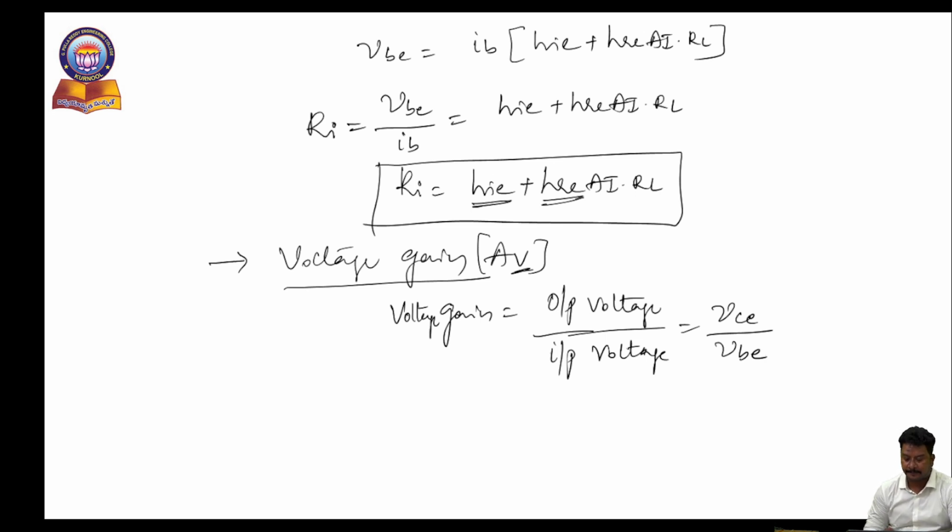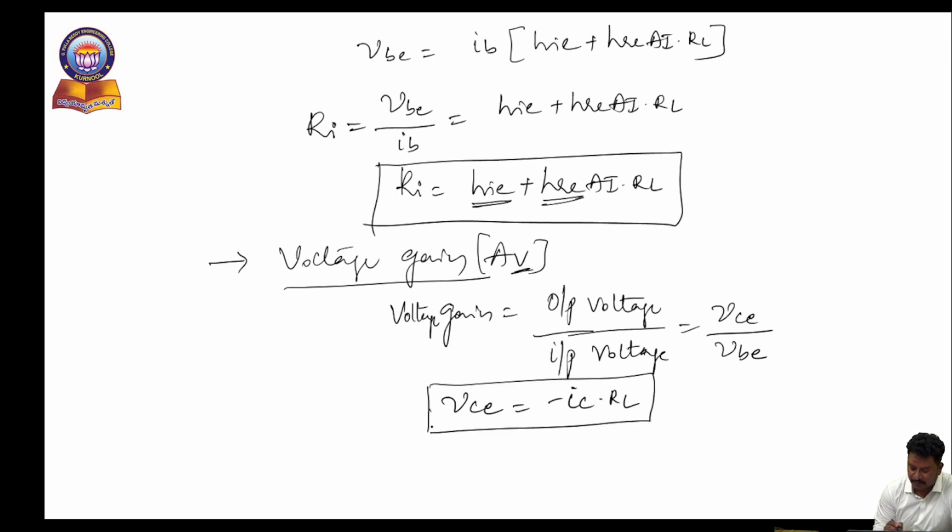As we know, VCE is equal to minus IC into RL. I am substituting this VCE value in the above equation.